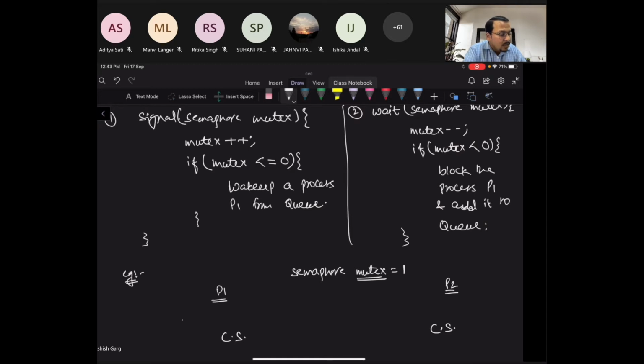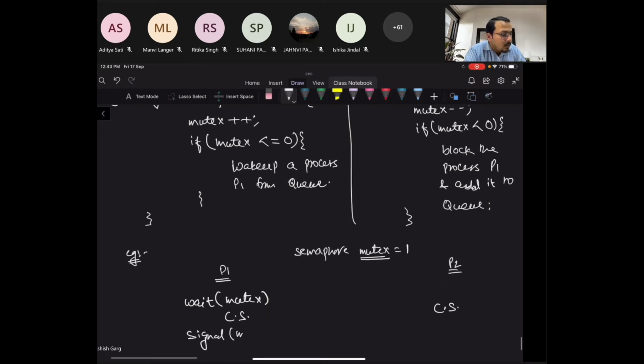So let's say I have written wait mutex here and signal mutex here. Here also, wait mutex and signal mutex. Now what will happen?